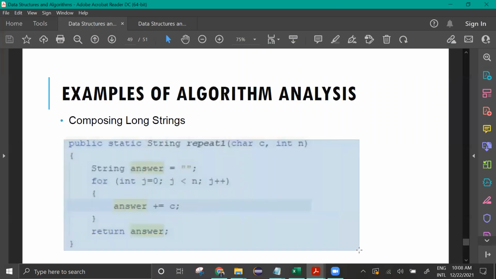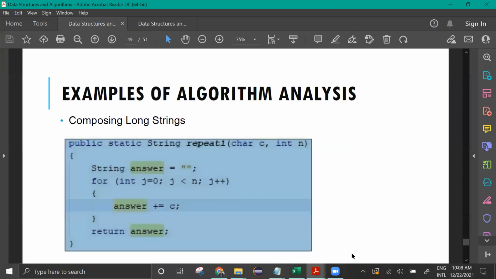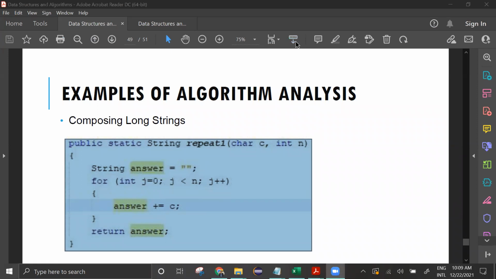Right, so can anyone tell me what is the big O value of this method? You can guess, no problem. If you're right, it is good. But if you're wrong, it's very, very good. Right, so just tell me your thought on this.